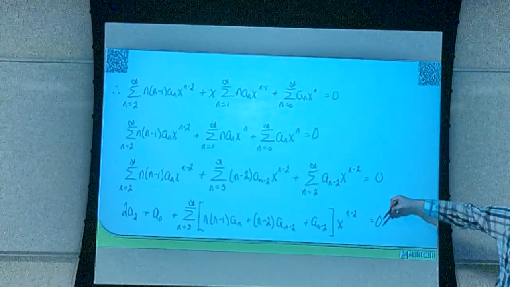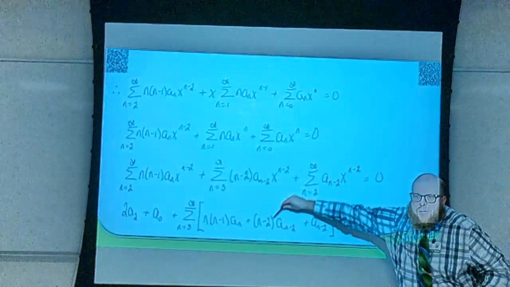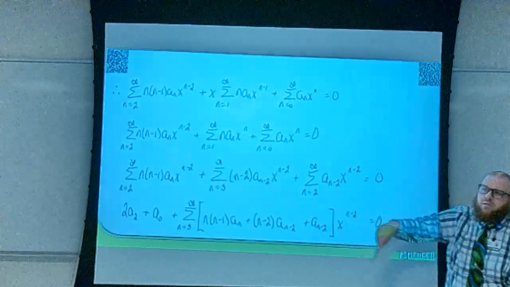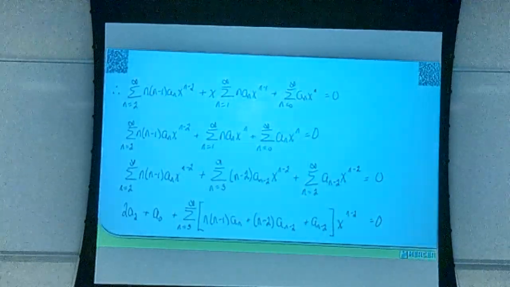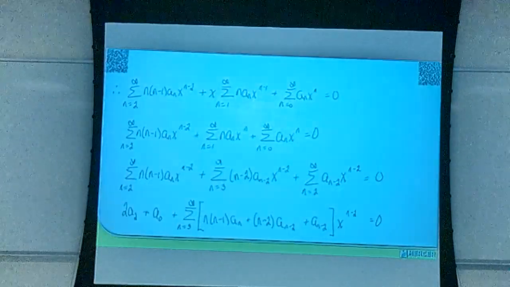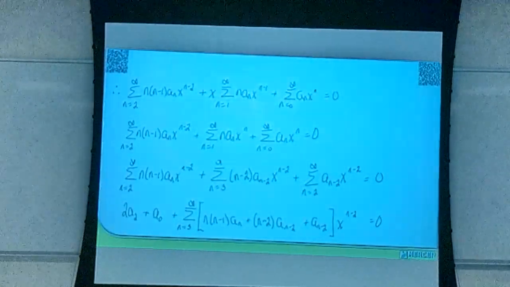Oh. But these are both in terms of a sub n minus 2, right? Simplify. N minus 2 plus 1 is just n minus 1, right?